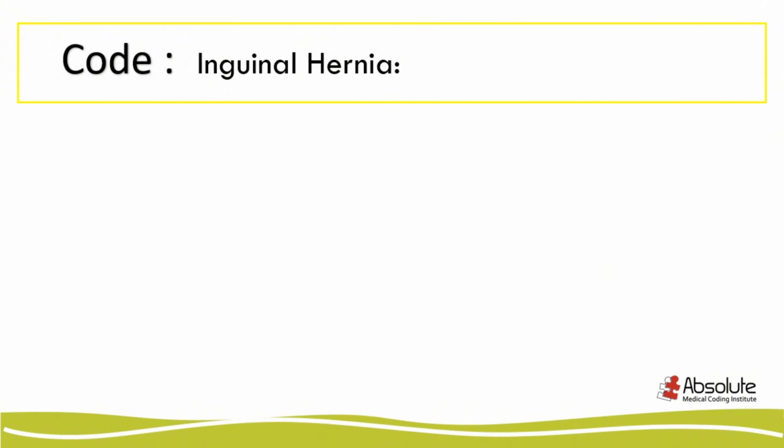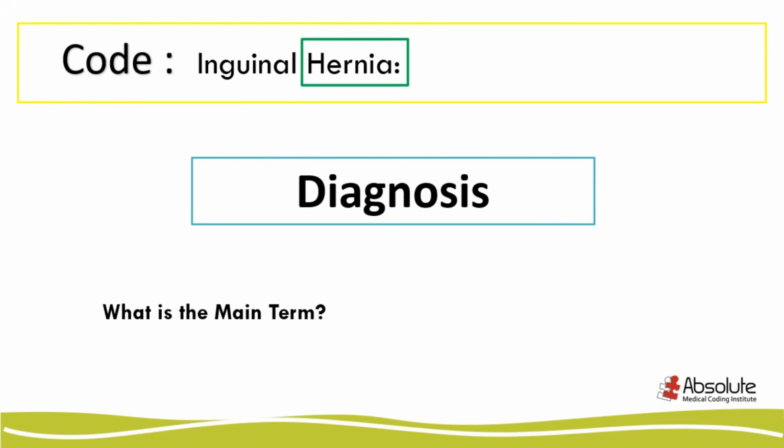If you said hernia, outstanding. Hernia is your main term because it is a diagnosis. Remember, coders, a hernia can stand alone. You've heard of someone having a hernia. Have you ever heard of anyone having an inguinal?